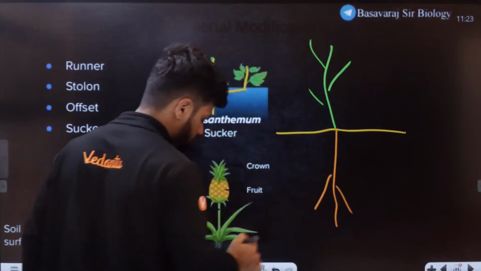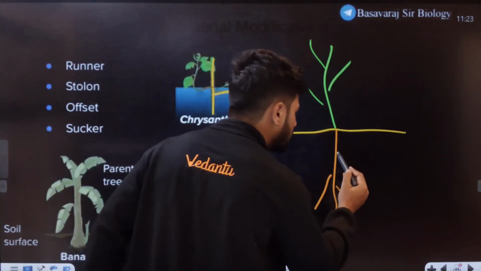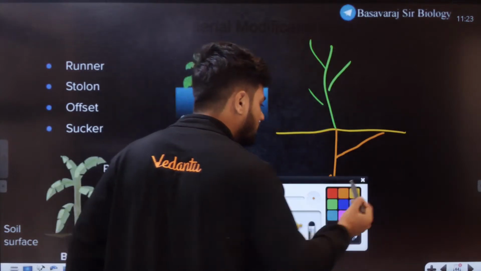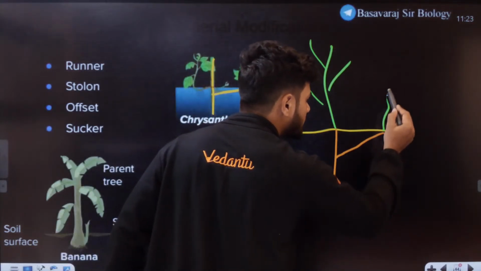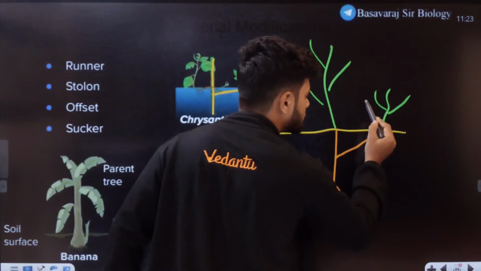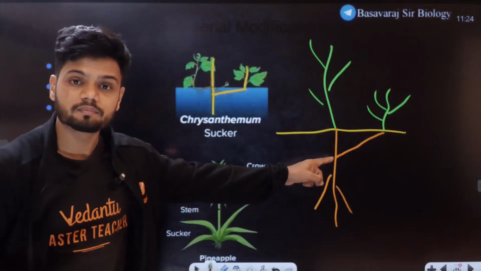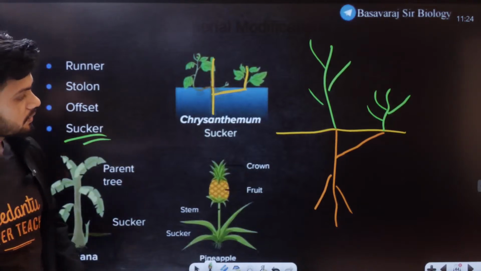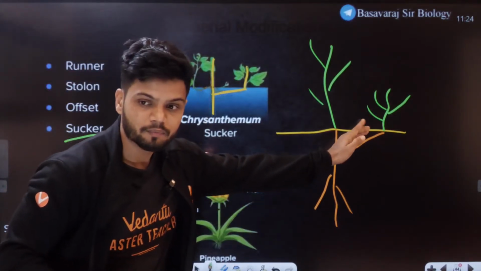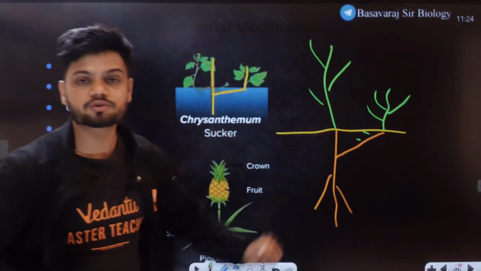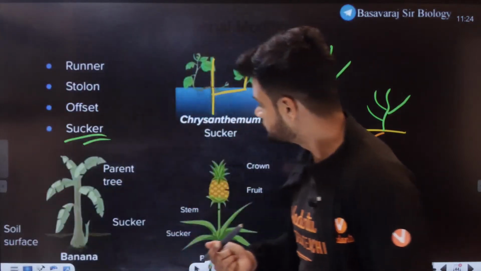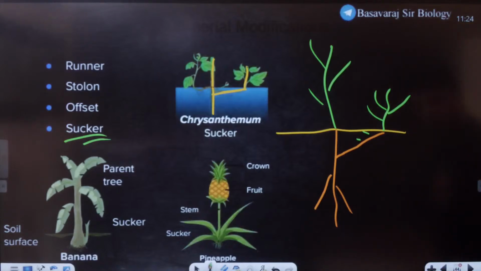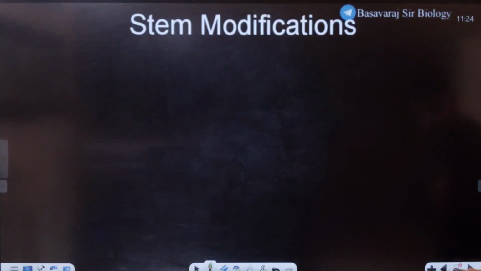Now what happens is, one of the roots will grow laterally, obliquely upwards, and then it will grow into an entire shoot. This is called your sucker. So an obliquely upward root is growing, then it will grow completely up. That is called sucker. Examples are chrysanthemum, banana and pineapple.